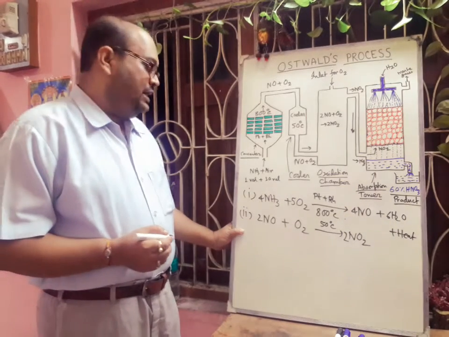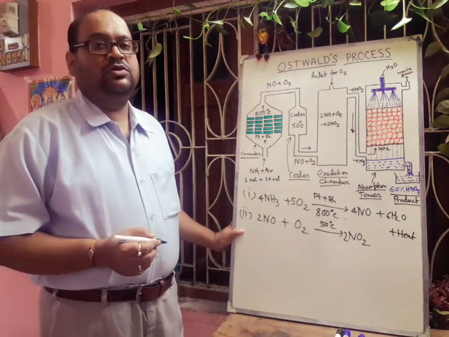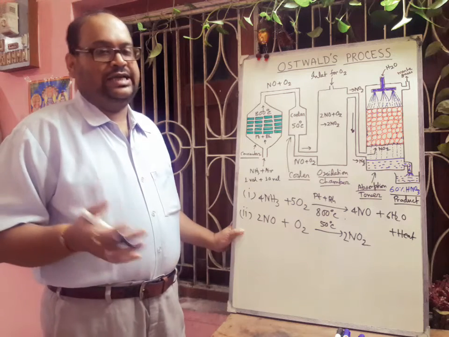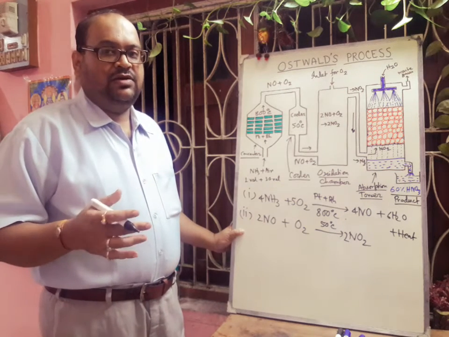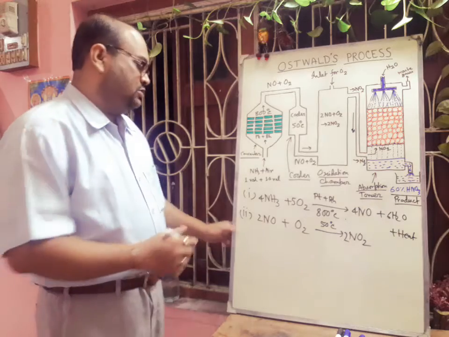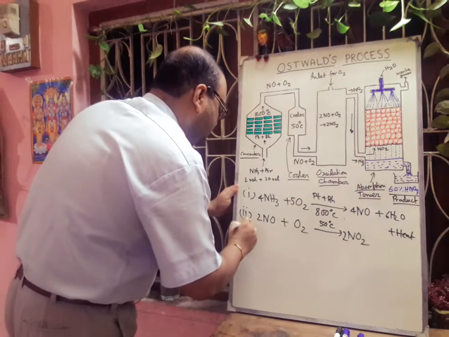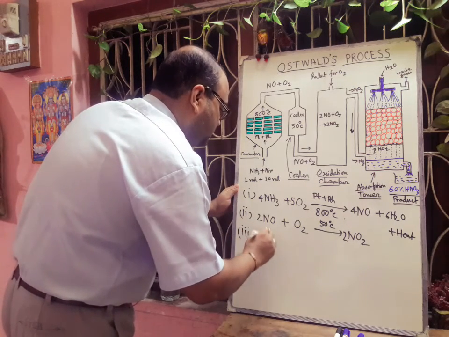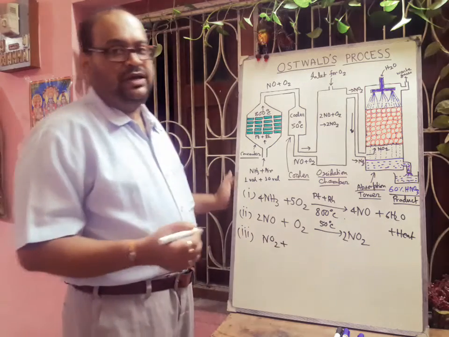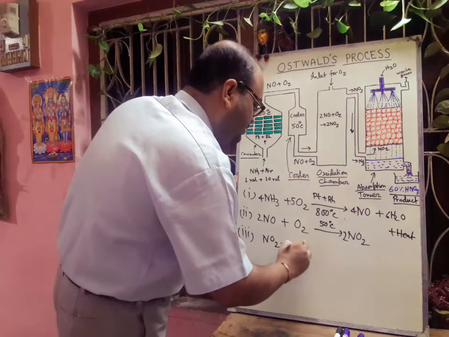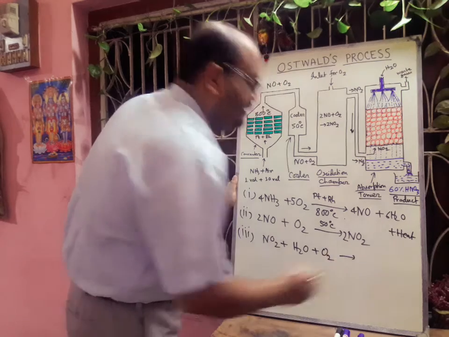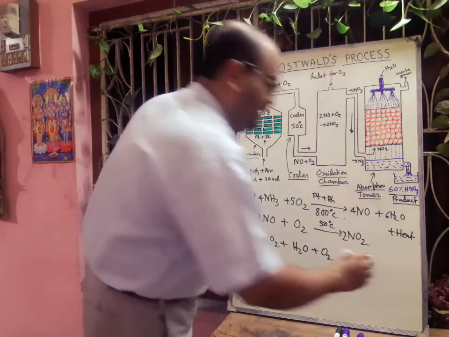And in the third step, what we have to do? That is the conversion of nitrogen dioxide to nitric acid by absorbing water in the presence of excess air. This nitrogen dioxide will be absorbed into water in the presence of oxygen, and there will be formation of nitric acid.